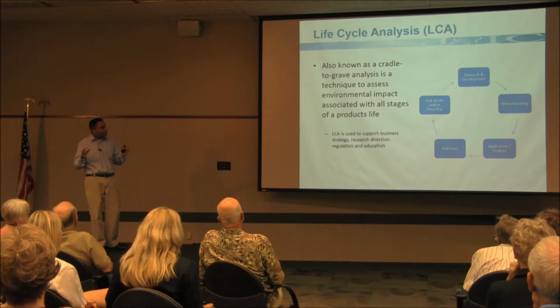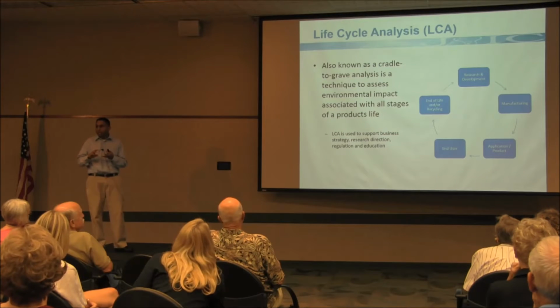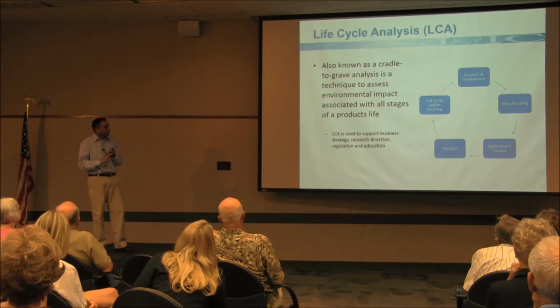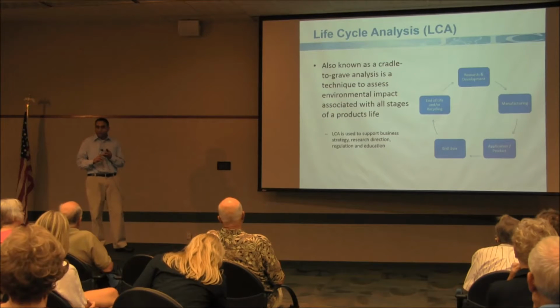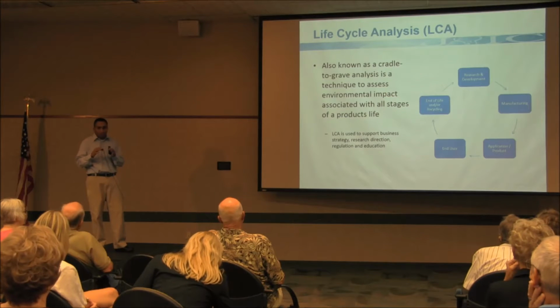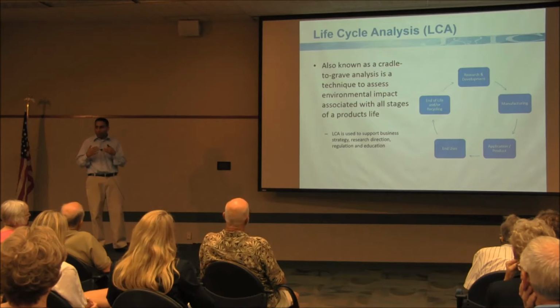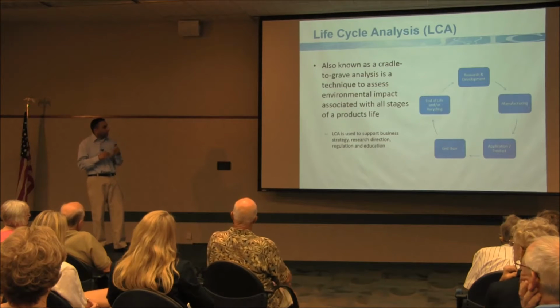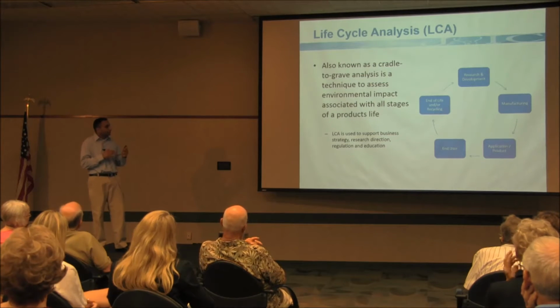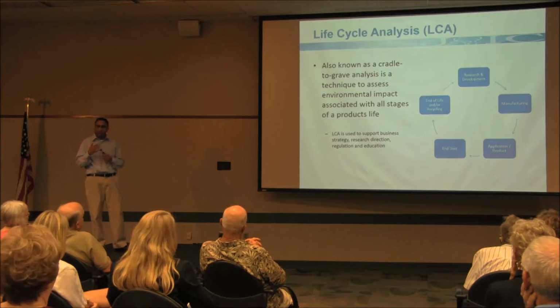And we want to look at not just the material itself. How is it mined? Is it grown? What is the energy required to get the raw material? As well as what's the research that goes into formulating a product. And then once that product goes from research and development, we get into manufacturing. And as we get into manufacturing, again, the same thing.